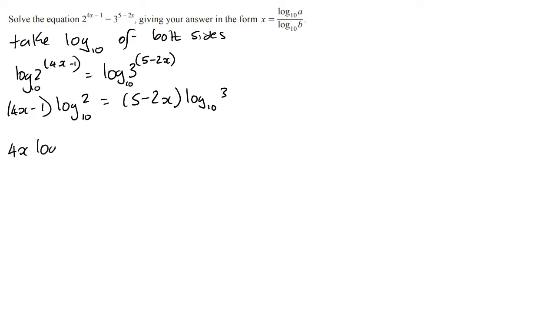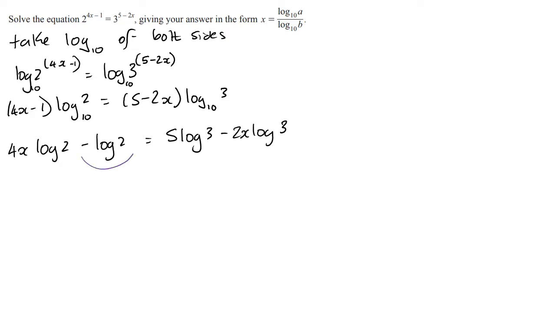So 4x log 2 minus log 2 equals 5 log 3 minus 2x log 3. Just like equations, so move the minus log 2 over, that becomes plus log 2, and move the minus 2x log 3 over, so that becomes plus 2x log 3.